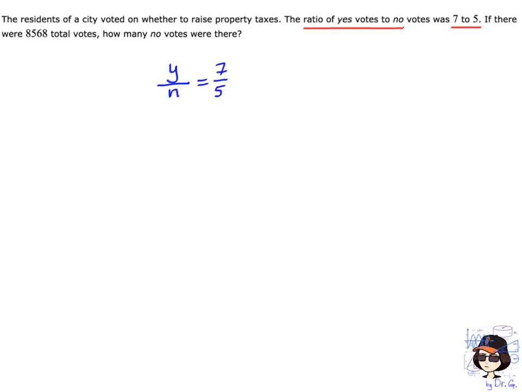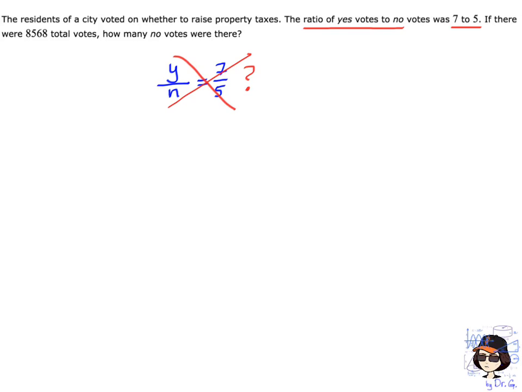Now, this is true. Those two ratios are equal to each other, but how are we going to solve it? It's a single equation with two unknowns in it. We're not told how many yes votes there are, so we have two variables, and we can't solve a single equation with two variables. So don't be too hasty.